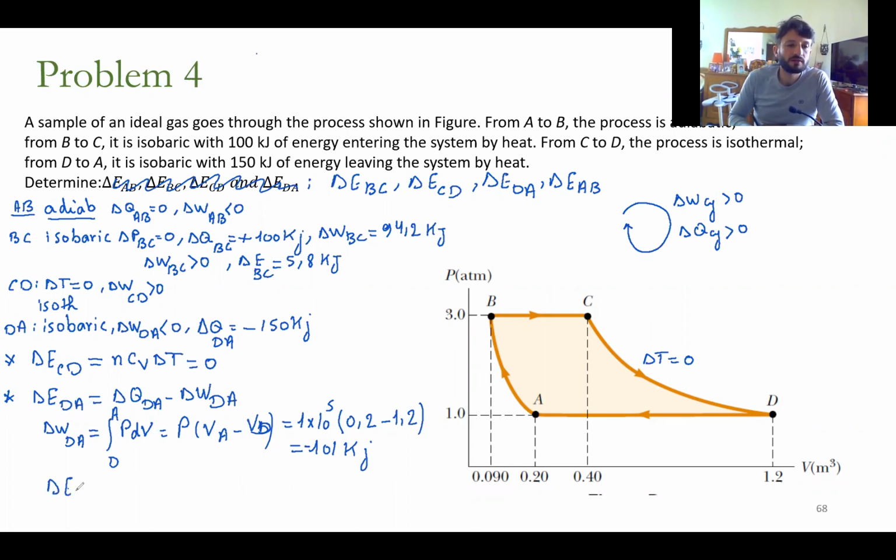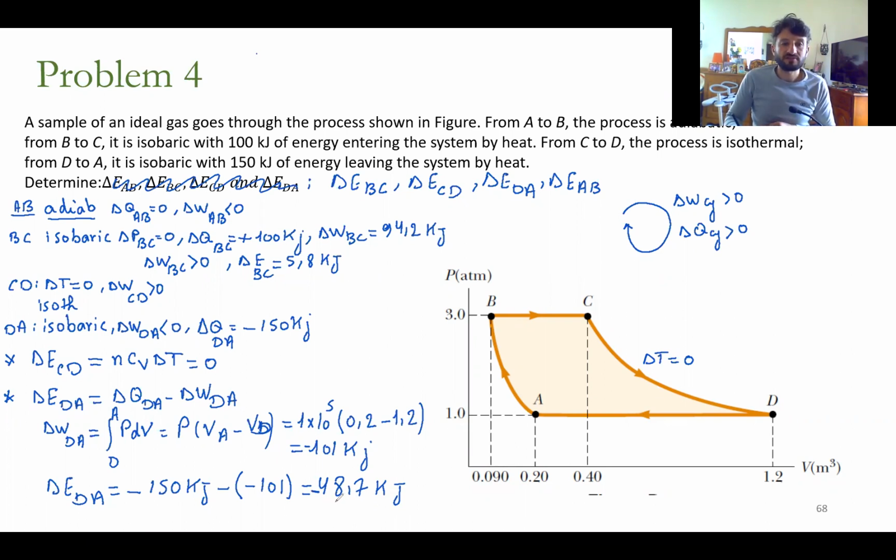We can calculate delta E DA equals delta Q DA, given as minus 150 kilojoules, minus dW, which equals minus 101 kilojoules. We get in total 48.7 kilojoules, negative.